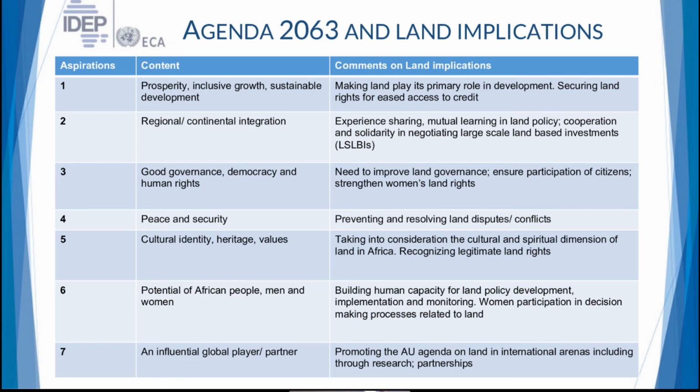Aspiration 6 is about the potential of African people, men and women. Building the human capacity for land policy development, implementation, and monitoring is so important to achieving this aspiration. Strengthening the land rights of women is also critical, as well as ensuring the participation of African women in decision-making processes.